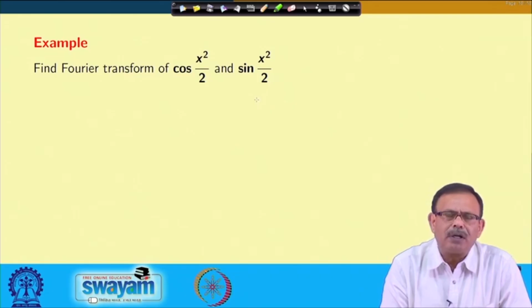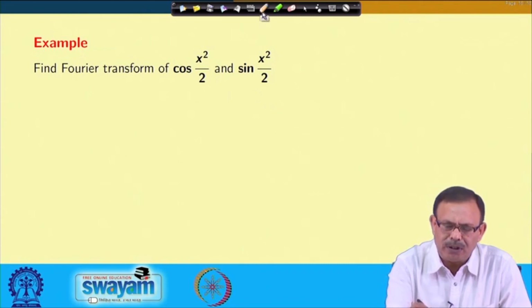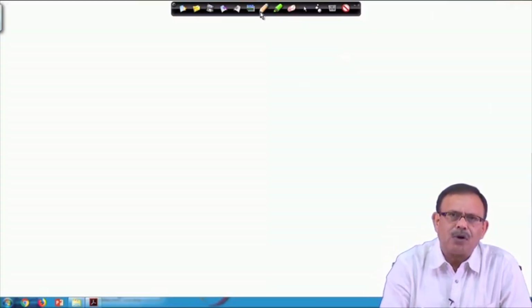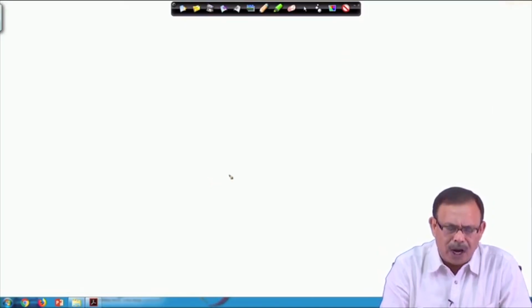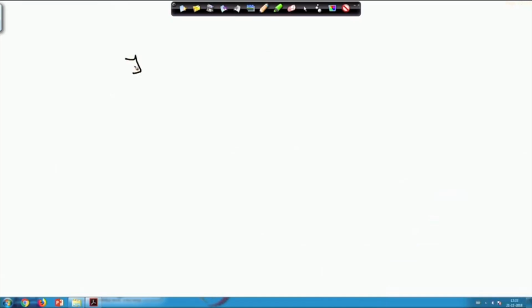One is independently I can find out the Fourier transform of cos of x square by 2 and the Fourier transform of sin of x square by 2. This is one way we can do it. The other way is, since cos square x by 2 and sin square x by 2 is involved, I can start with something like this: the Fourier transform of e power minus a square x square.